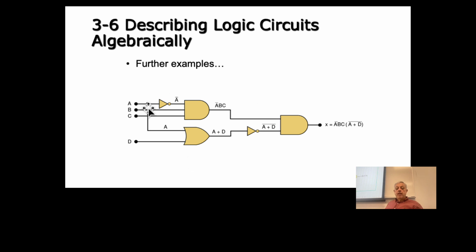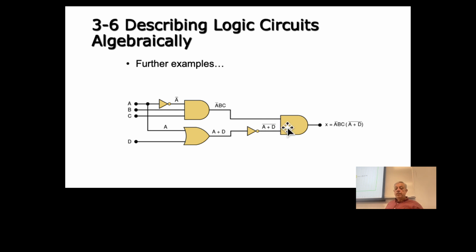But given this, if I have not told you what this is, then you're going to start on the left. A becomes A naught, B comes straight in, C comes straight in, so the output of the AND gate is A naught BC. The second gate, A or D. Now I go through an inverter and I've got A or D, the expression inverted, so it's A or D naught.